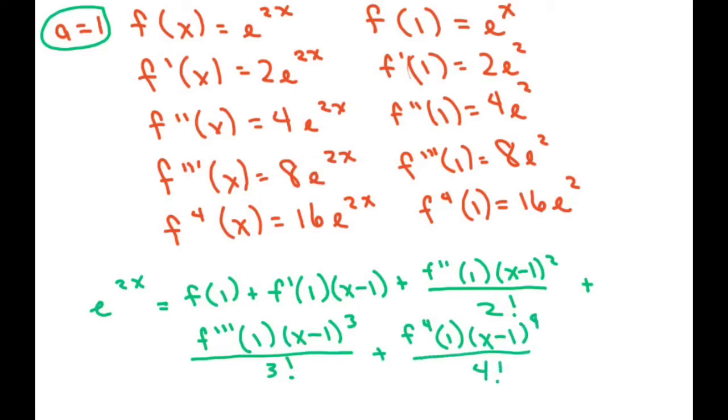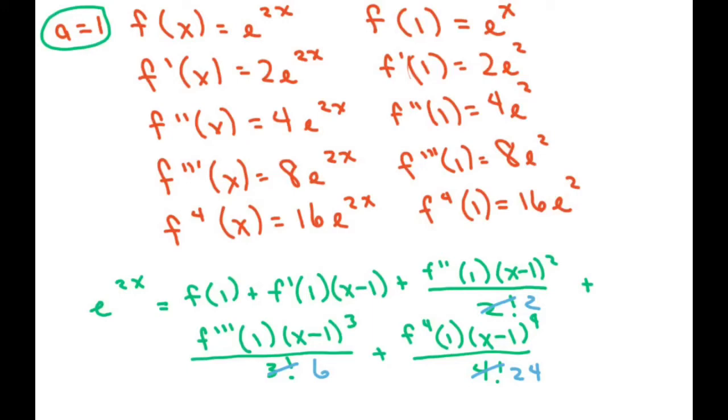And just remember that 2 factorial is just 2, 3 factorial is 6, and 4 times 3 times 2 is going to be 24. And then we're just going to use substitution and plug in numbers.